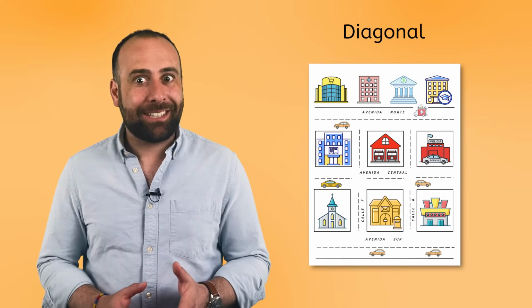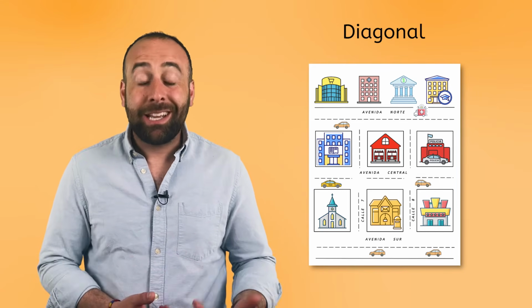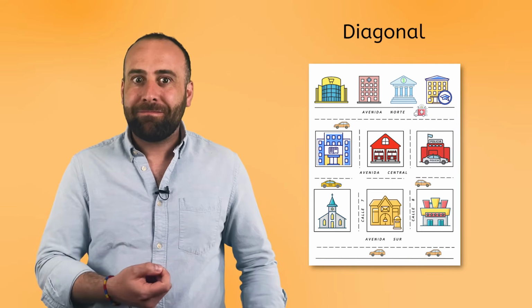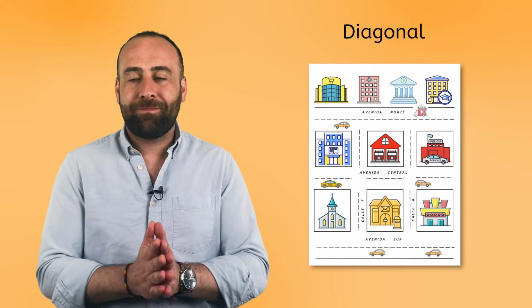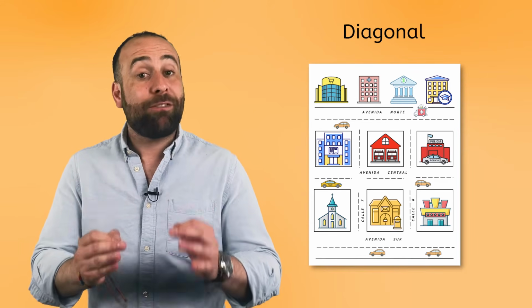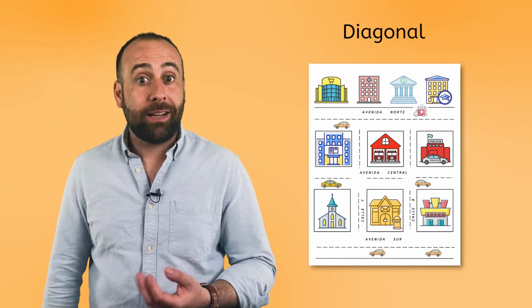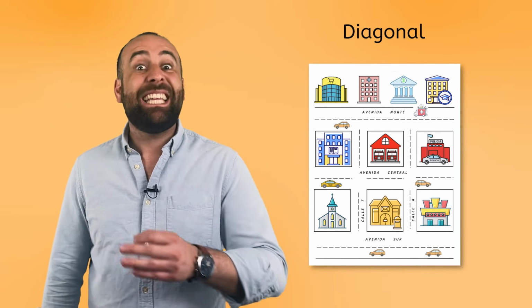Diagonal is a cognate. Diagonal to. Say diagonal with me. Diagonal. Now, look at the map and repeat after me. La estación de policía está diagonal al banco.